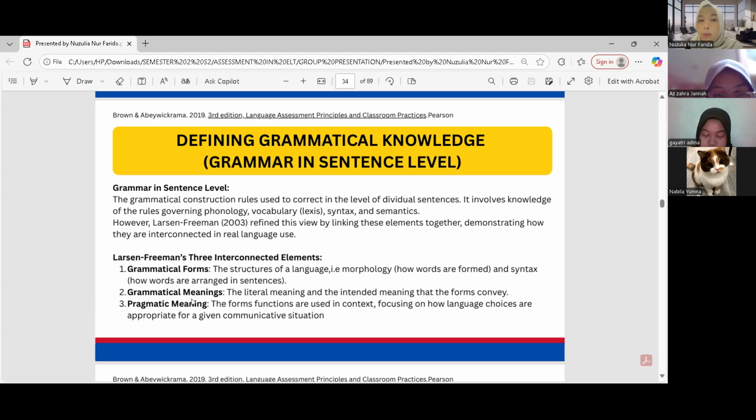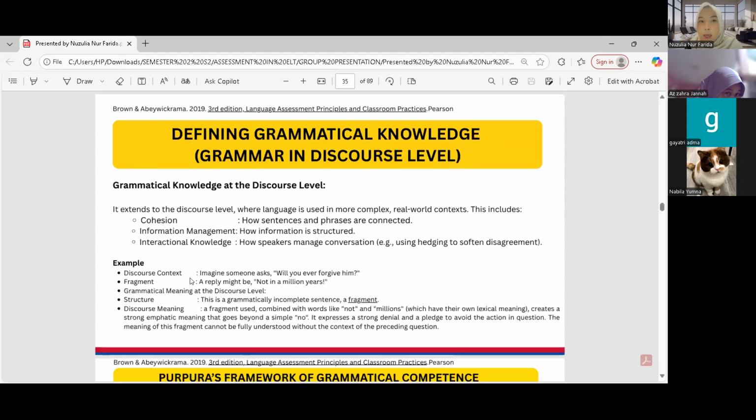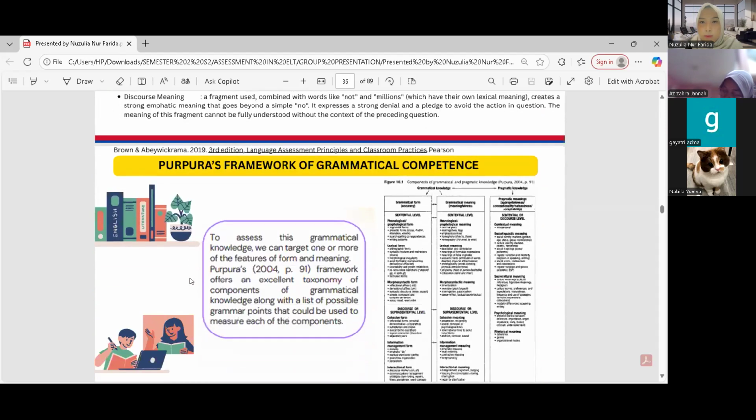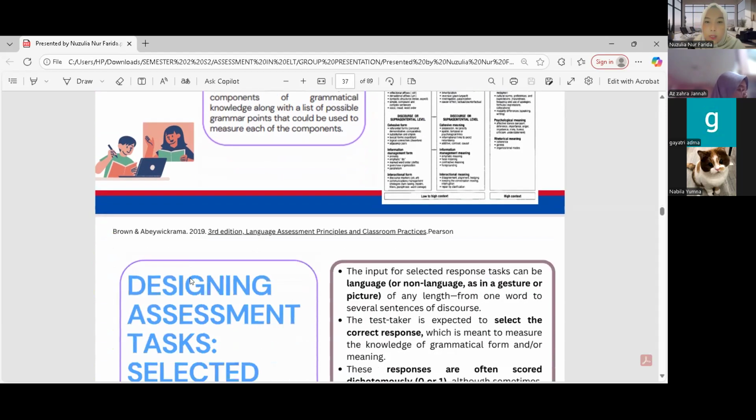So learning grammar cannot be separated from these three elements, yeah. The forms, the meanings, and the pragmatic meanings. Here is the framework of grammatical competence based on Purpura in 2004.